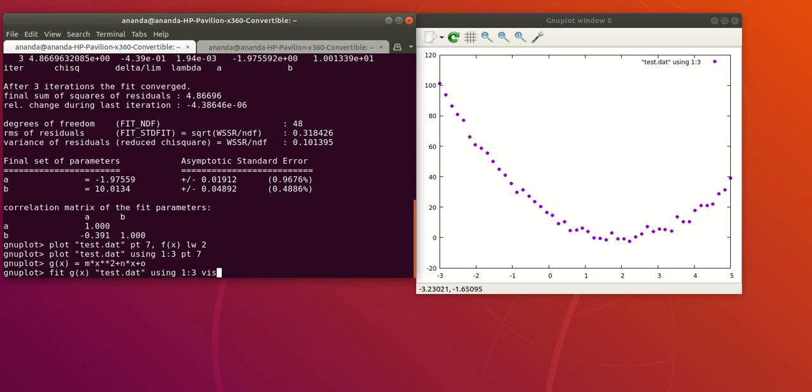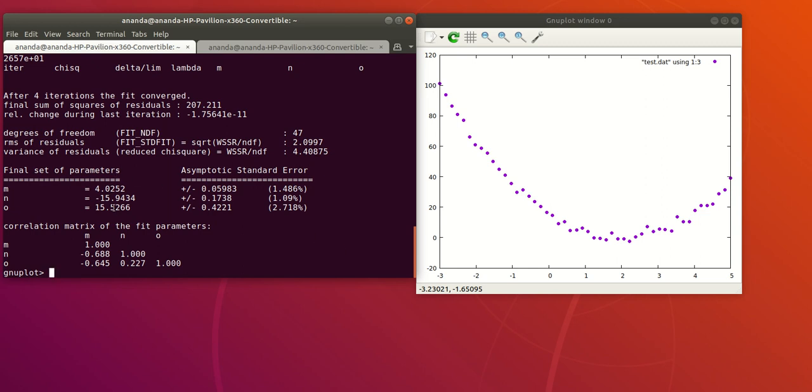And then I have to tell gnuplot which variables I am allowing it to vary. In this case, I am allowing it to vary all 3 of the variables or the parameters m, n, and o. Once again, by default, gnuplot starts with values of 1 for each of these variables and essentially tries to adjust these variables in such a way that you get the data to fit as close to the curve as possible.